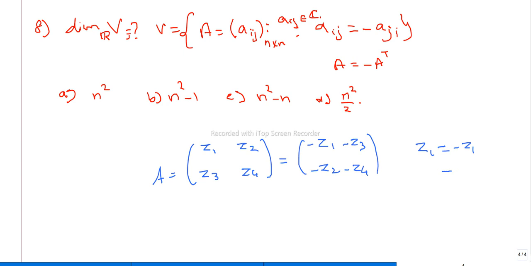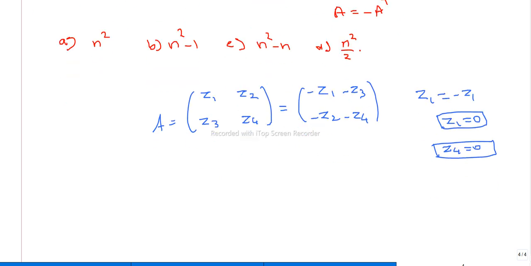This happens only when Z1 is 0. Similarly Z4 equals minus Z4, therefore Z4 should be 0. So for any skew symmetric or skew Hermitian matrix, the diagonal elements are always 0.